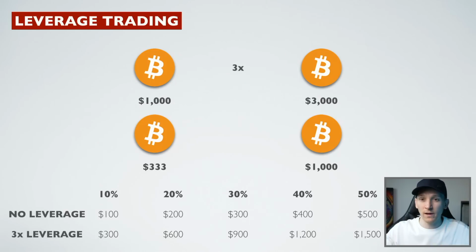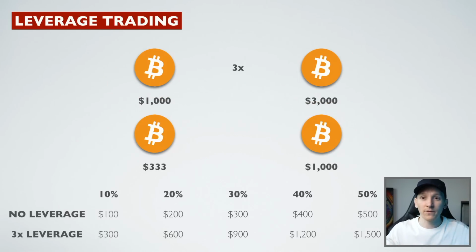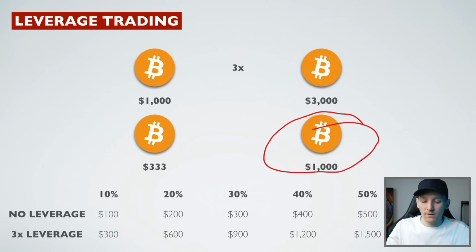The other way to use leverage is actually not to just take bigger positions, but to just put less down in the trade and take a position size that you would have anyway, right? So with 3x leverage, we can still have our $1,000 position, but instead of putting $1,000 in, we only have to put 300 or so dollars in. So we can use less to fund our positions.